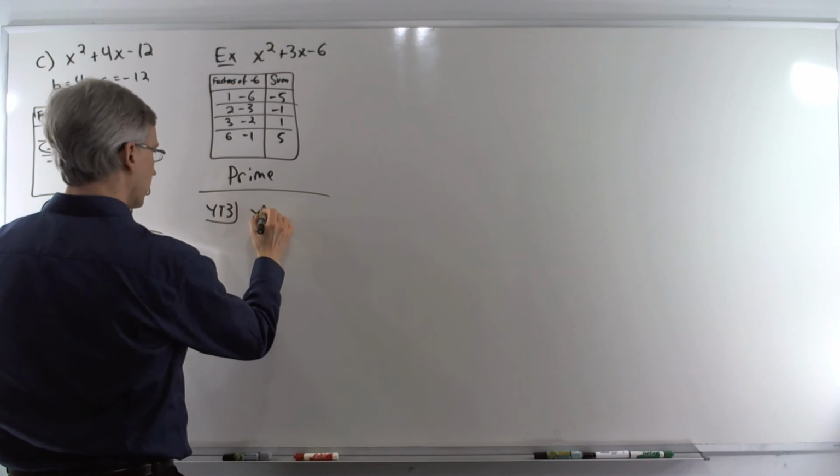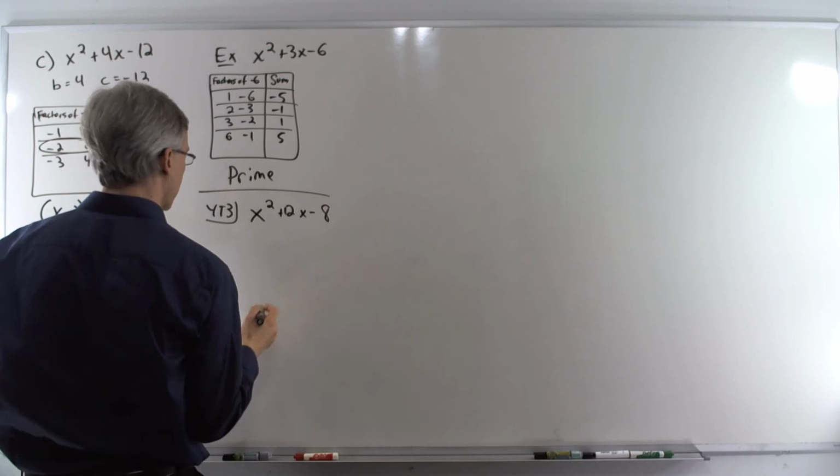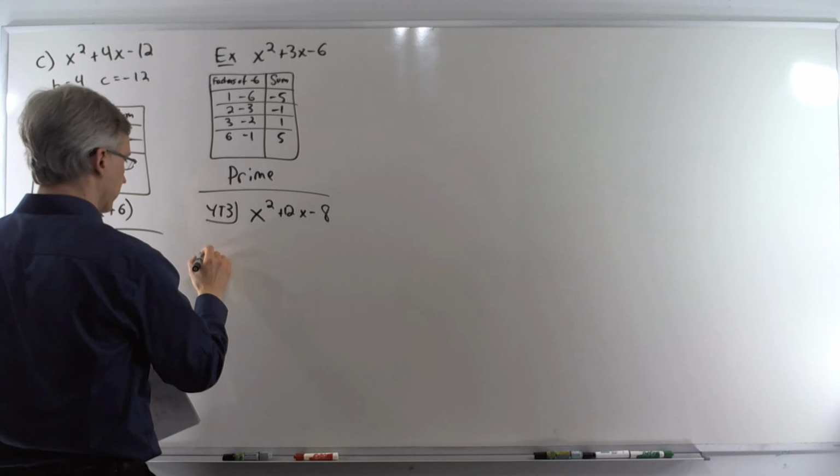Here we got x squared plus 12x minus 8. So we need two numbers to multiply to get negative 8 and add to get 12.